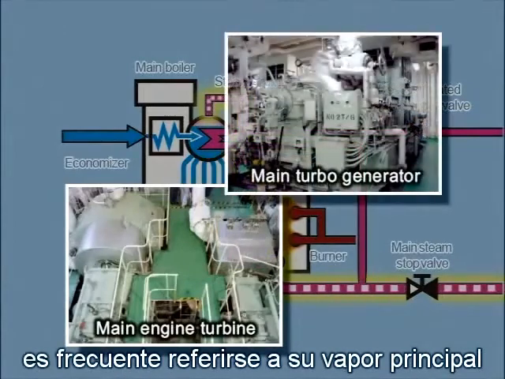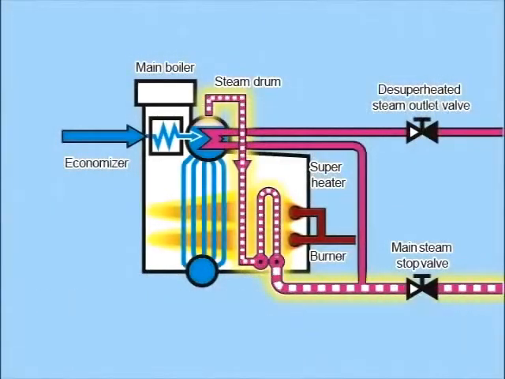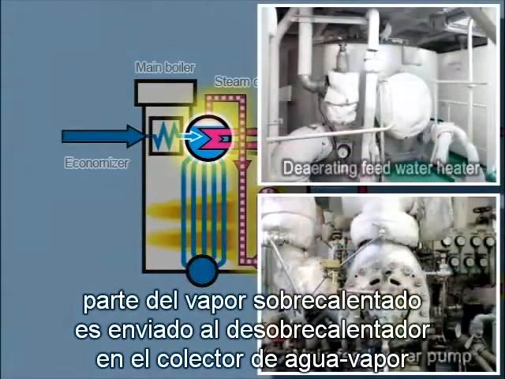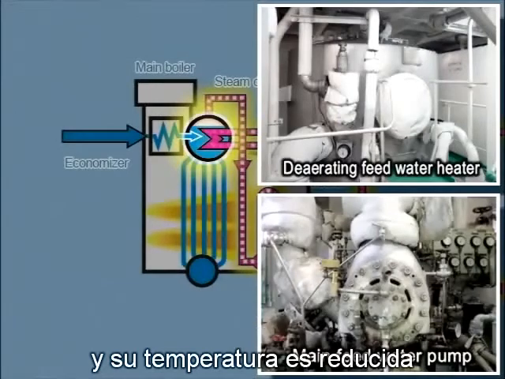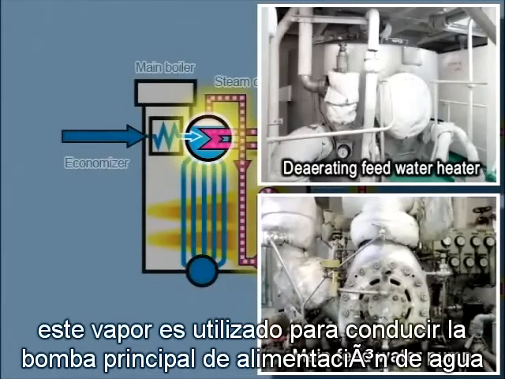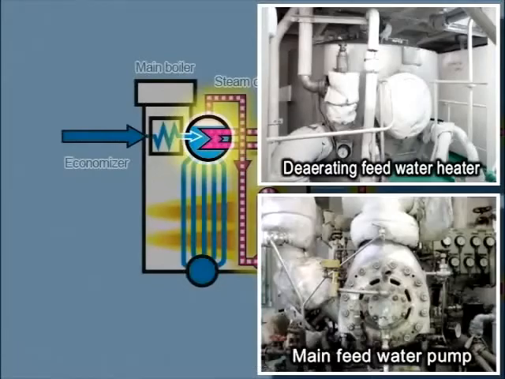It's often referred to as main steam, since it accounts for approximately 90% of the total amount of steam generated in the boiler. Some of the superheated steam is sent to the desuperheater in the steam drum, and its temperature is reduced. Called desuperheated steam, this steam is used to drive the main feed water pump and to heat feed water and so forth.